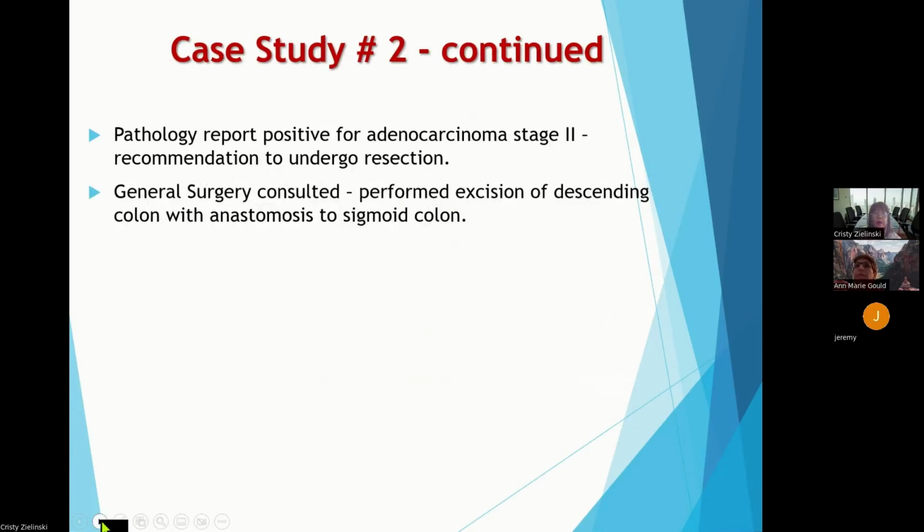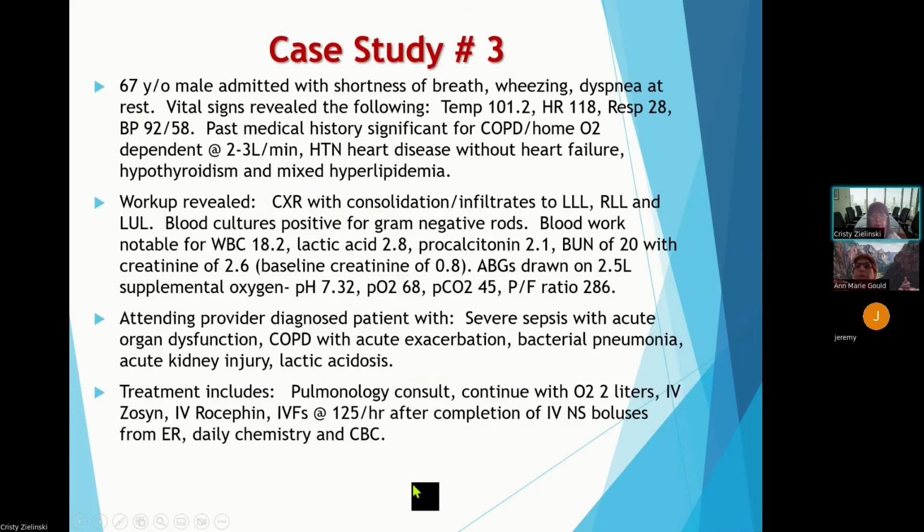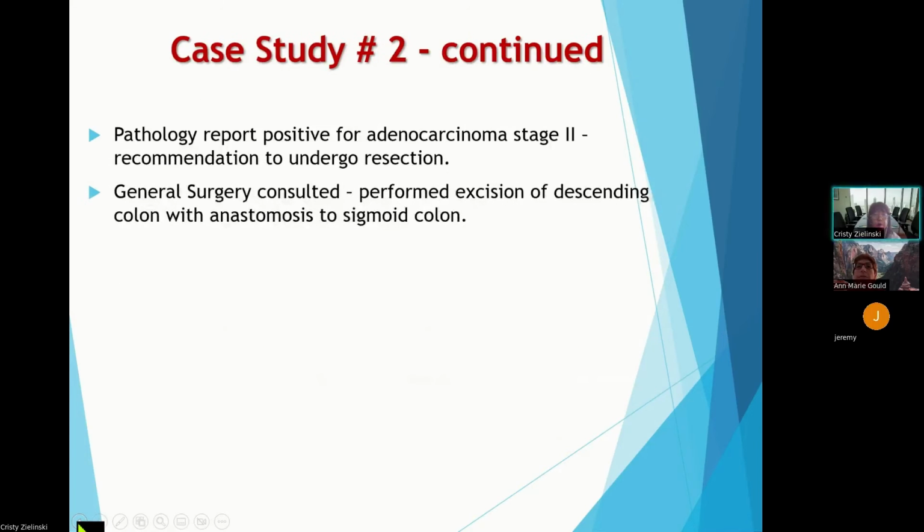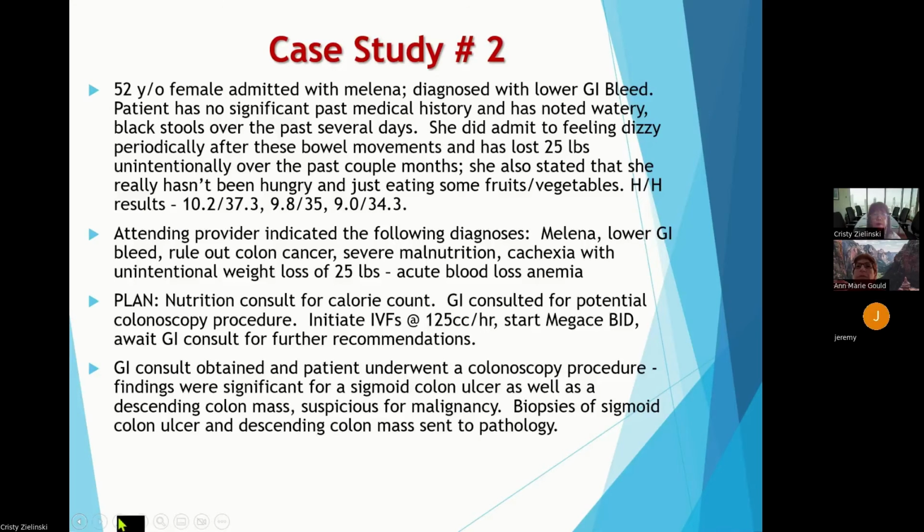So in this case, that patient will probably go home before he even gets seen by a nutritionist. Yeah, could be. That's how bad it is.